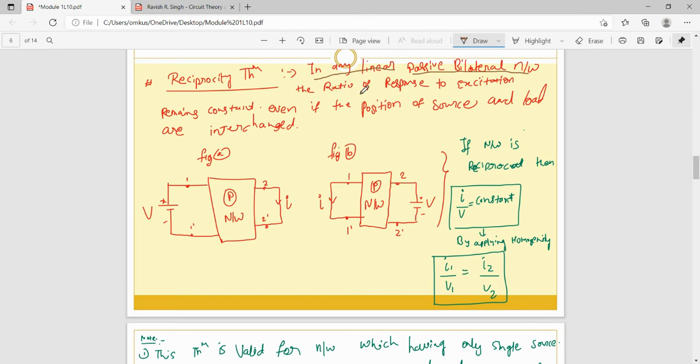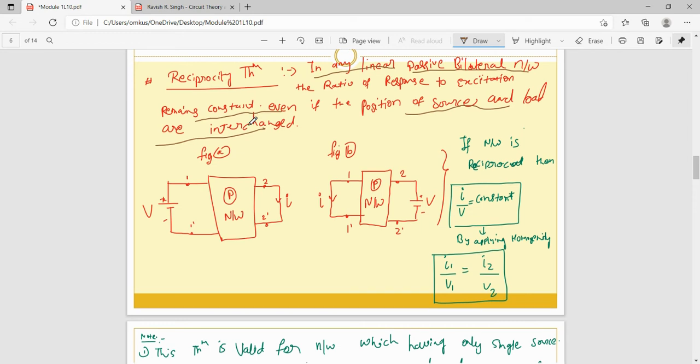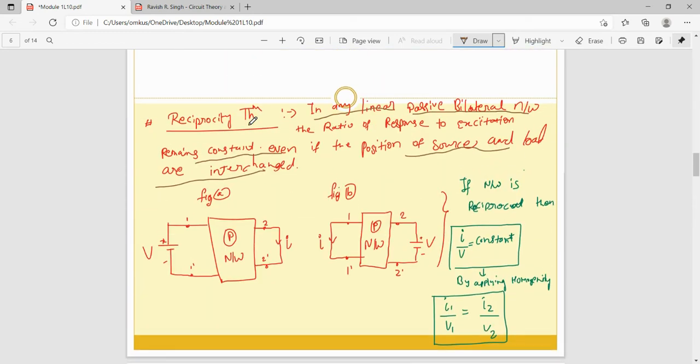The ratio of response to excitation remains constant even if the positions of source and load are interchanged. So I hope the statement is clear to you.